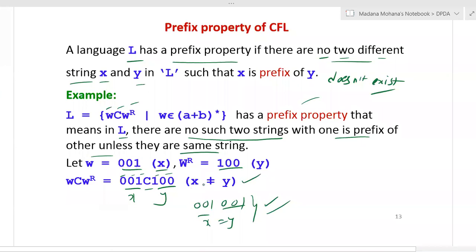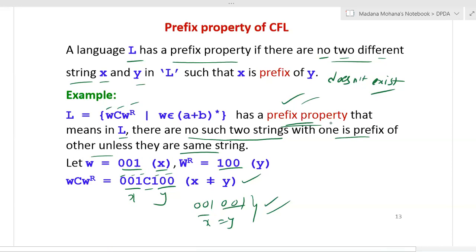But here X is not equal to Y. Therefore no two strings exist with one a prefix of the other, except when both are the same. Therefore, this has the prefix property.